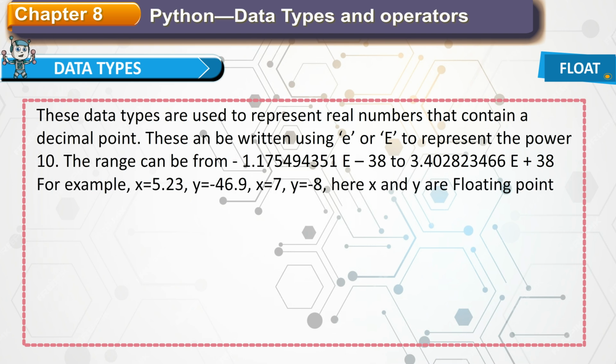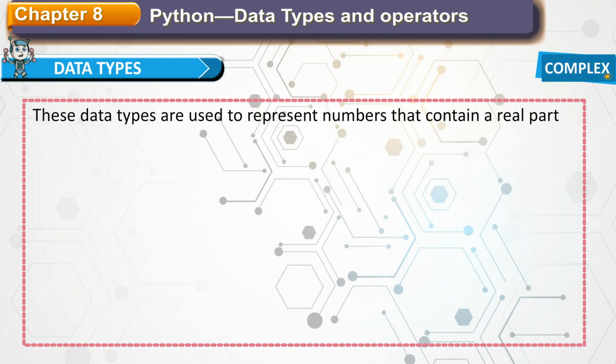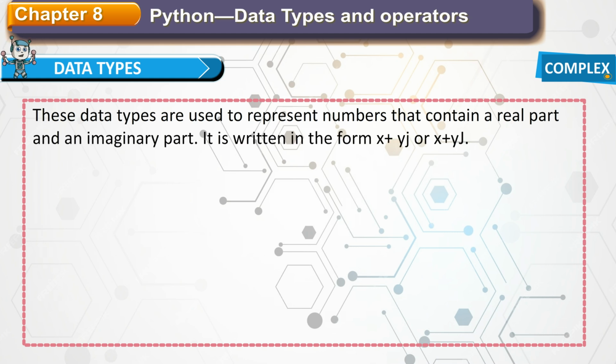For example, x = 5.23, y = -46.9. Here x and y are floating point variables. Complex. These data types are used to represent numbers that contain a real part and an imaginary part. It is written in the form x + yj or x + yJ. For example, z = 6 + 10j.